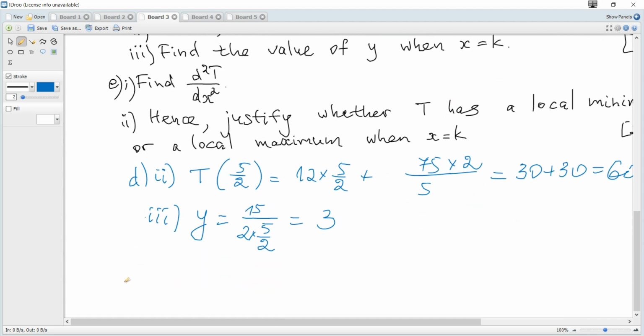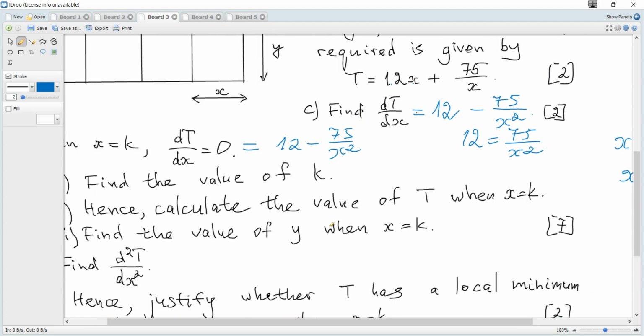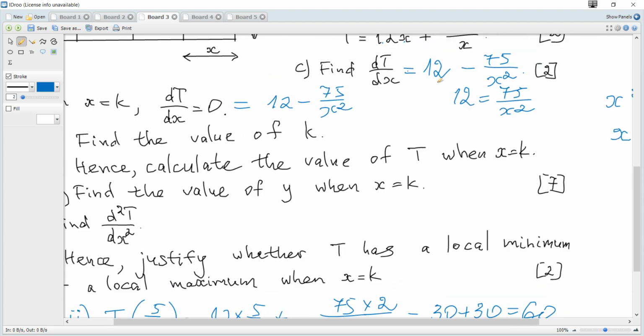Next, find the second derivative of t, which is the derivative of the first derivative. Again the derivative of a sum or difference is the sum or difference of derivatives, and 12 is a constant without x, and the derivative of a constant is 0, so it disappears.